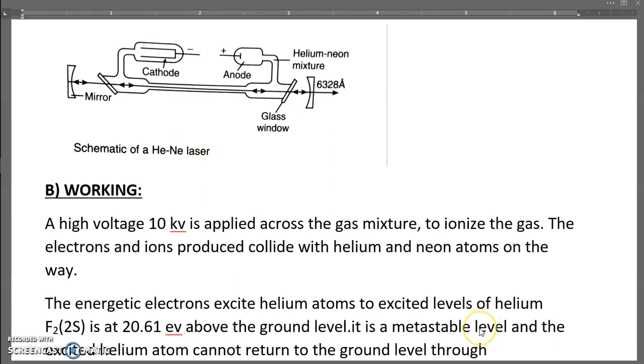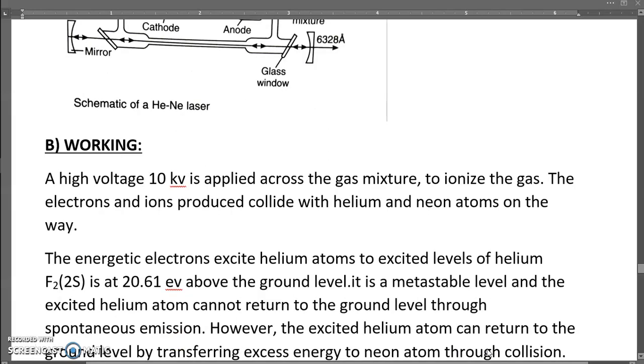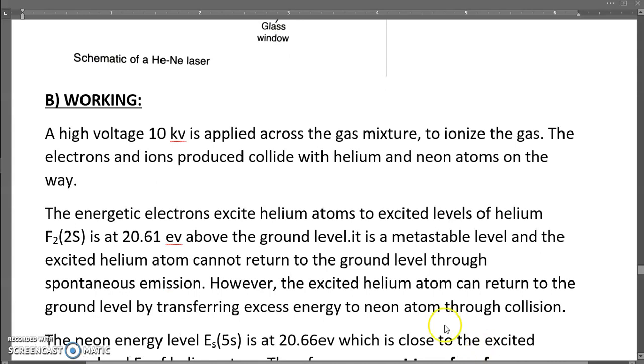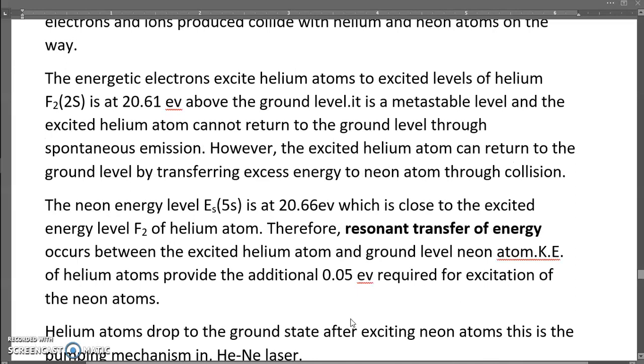It is a metastable level, but the excited helium atoms cannot return to the ground state through spontaneous emission. However, the excited helium atom can return to the ground state by transferring excess energy to the neon atom through collision.